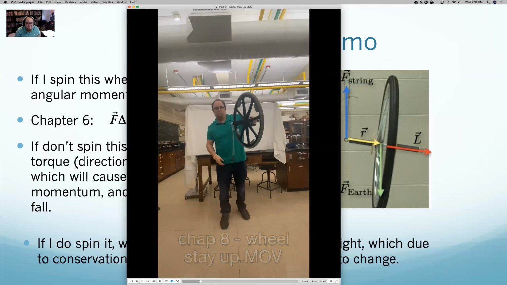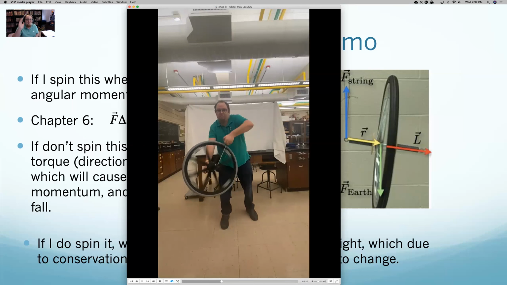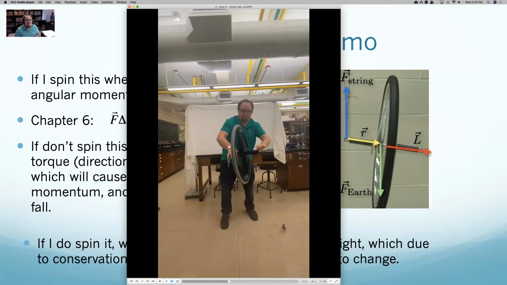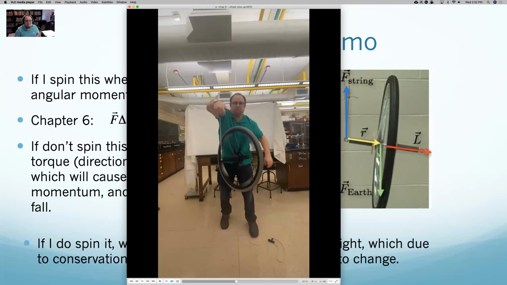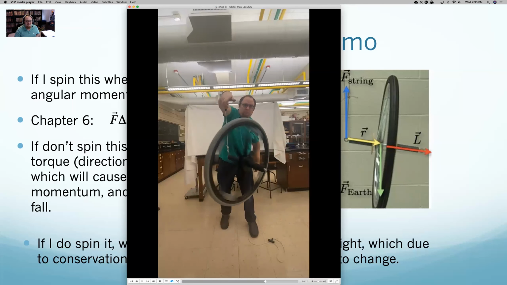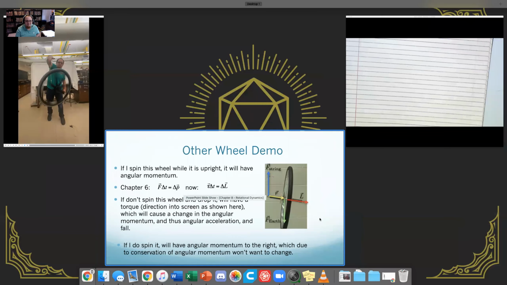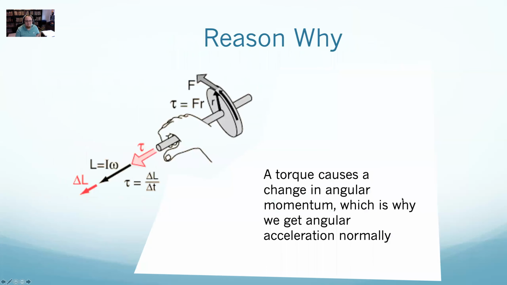But because of angular momentum, the wheel stays upright. Same idea as the bicycle. The bicycle wants to stay upright, so does the wheel. Even if I only attach it on one side, the wheel tries to stay upright, because the torque due to gravity is just going to change the angular momentum. Normally a torque causes a change in angular momentum.